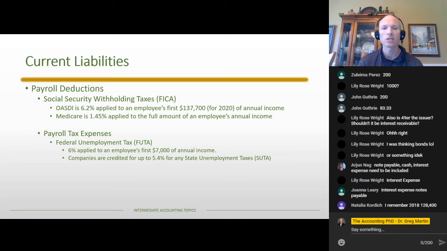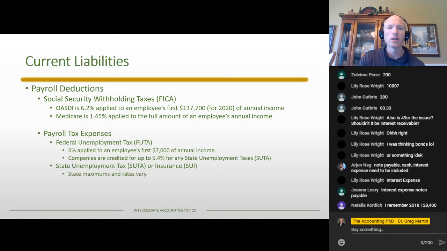So in most cases, the effective rate is actually 0.6%, because most states, given this federal law, will get the full 5.4%. With the state unemployment tax, or sometimes it's actually known as state unemployment insurance. Actually, in North Carolina, it's known as state unemployment insurance, and so they're synonymous. They're the same thing. It does vary by state.